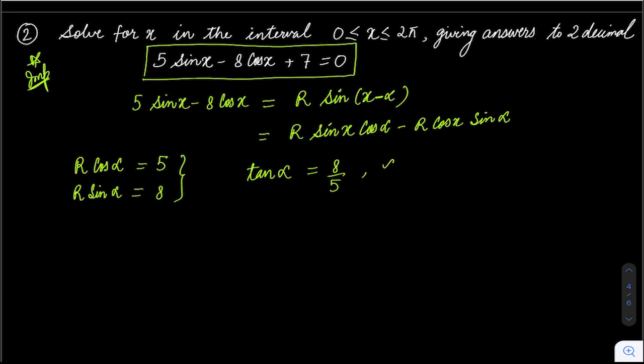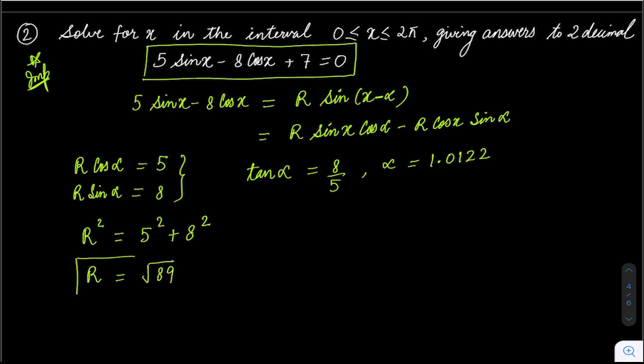This gives alpha as 1.0122. And how do I find r? Square and add, as explained in the previous videos. So r is 64 plus 25, which is 89, so square root of 89. Now I have r and alpha.